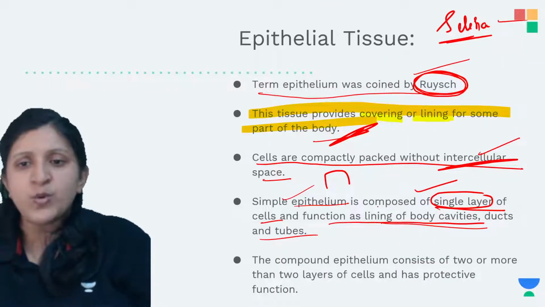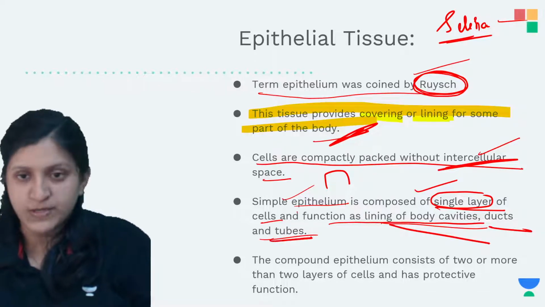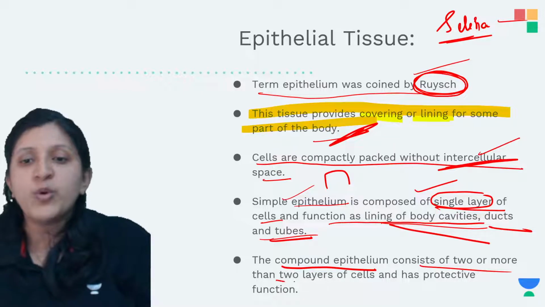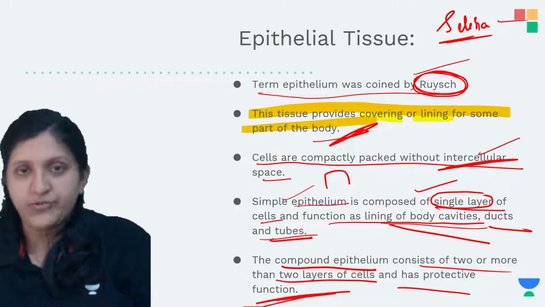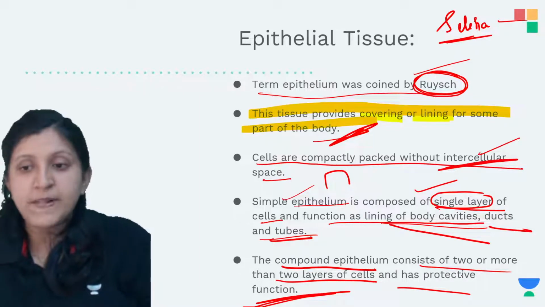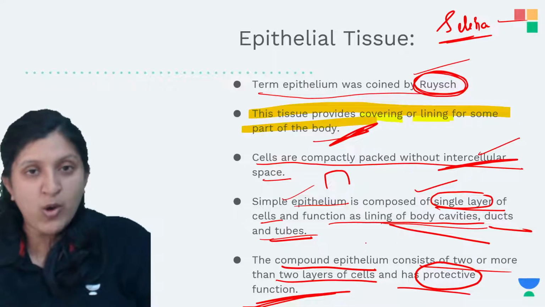Simple is composed of a single layer, lining the body cavity, ducts and tubes. Compound epithelium consists of two or more layers of cells and has a protective function. Whenever you come across a compound epithelium, it has a role of protection.